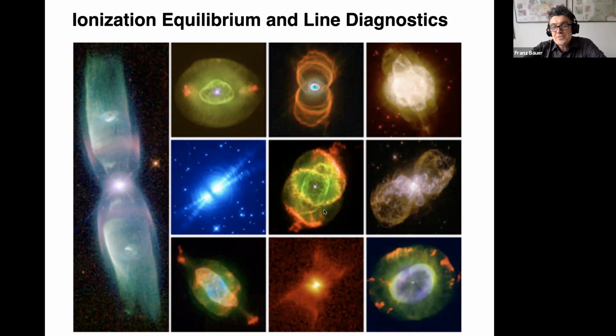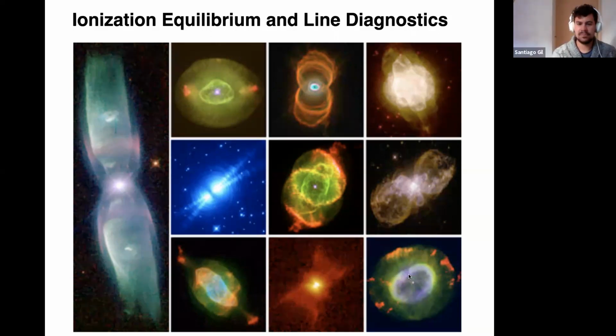Yeah, no, so in almost all of these cases, what you're seeing is, they have filters, right? Broadband filters typically, but the emission in those broadband filters is being dominated by one or a few emission lines. And so when they make a color image like this, this is really just an emission line map.